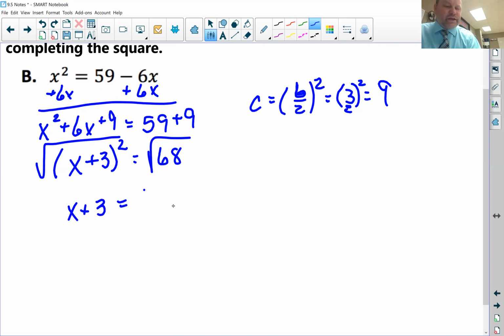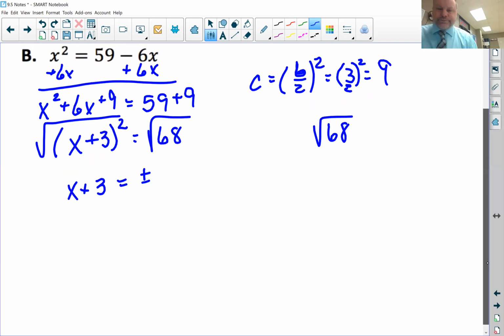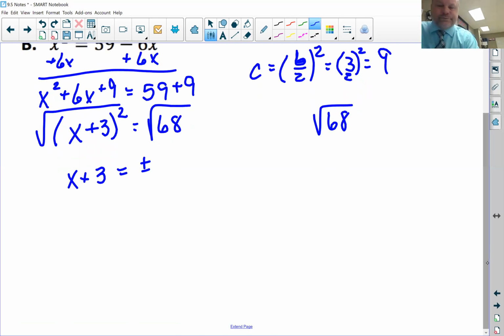On the right-hand side, we should see if 68 can be broken down. 2 and 34, 2 and 17. So we do have a factor of 2 that can come out.